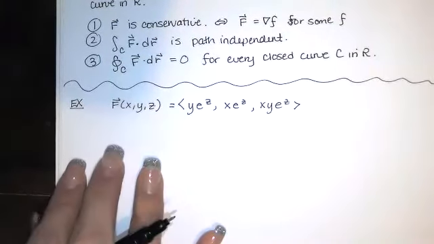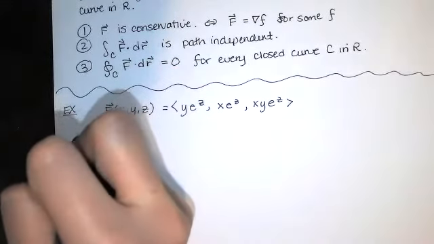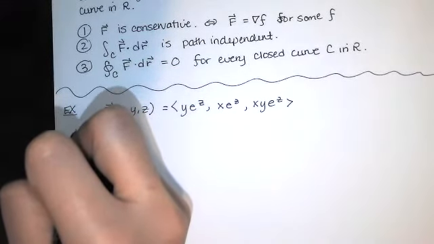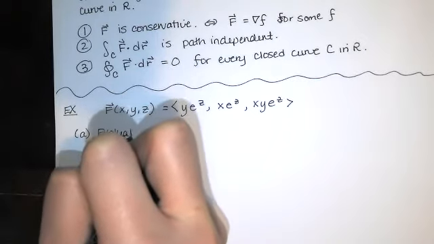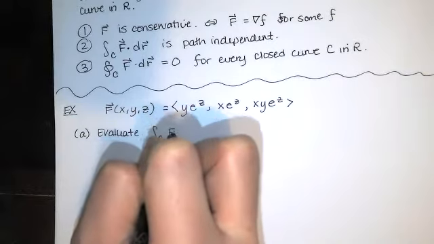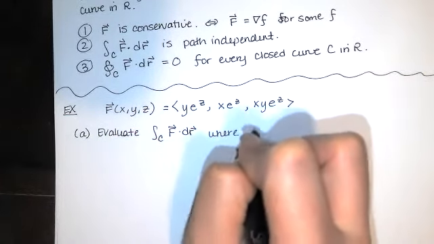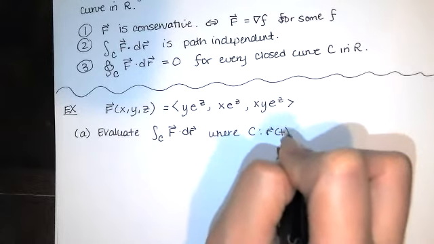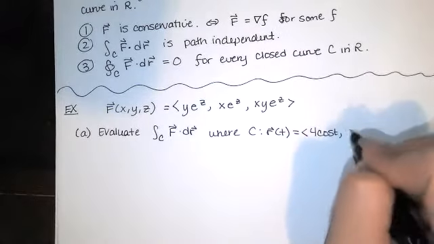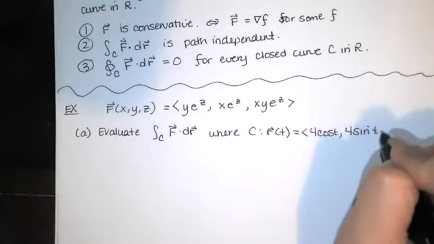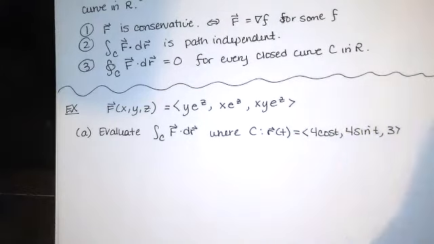Let's say somebody asks you to evaluate the line integral of f over c, where c is given by r of t, and r of t has components 4 cosine of t, 4 sine of t, and 3. Now remember what that would look like.